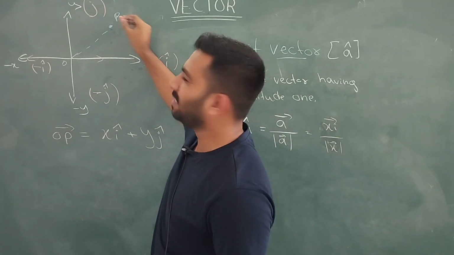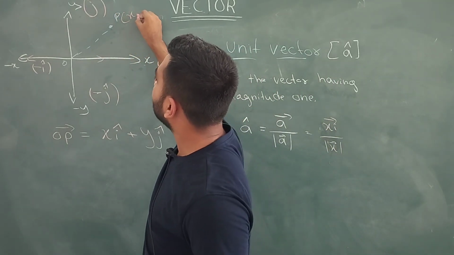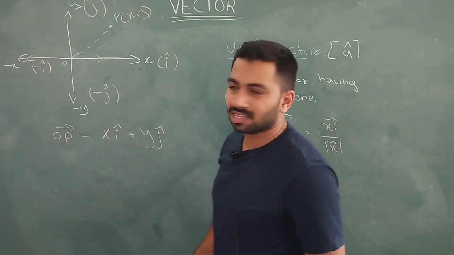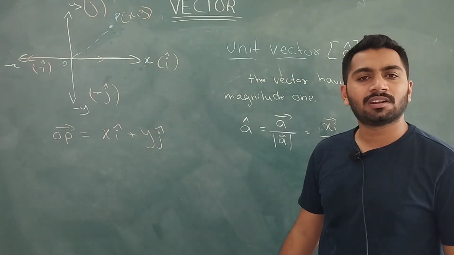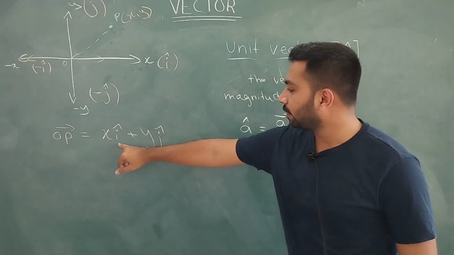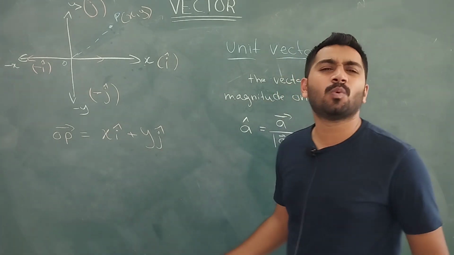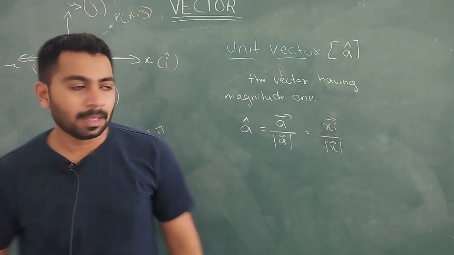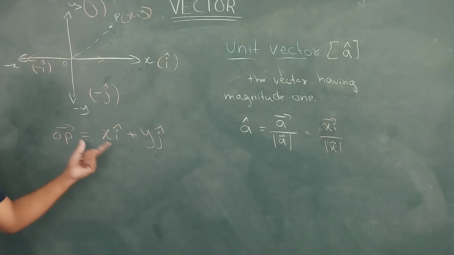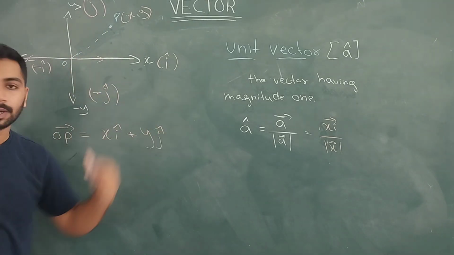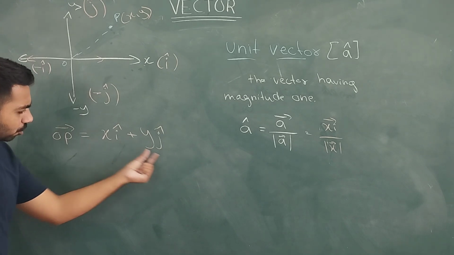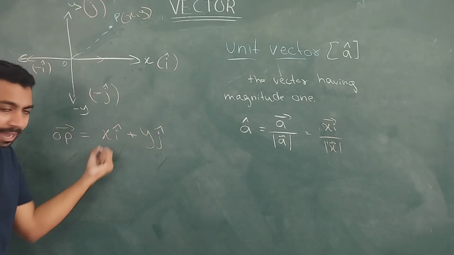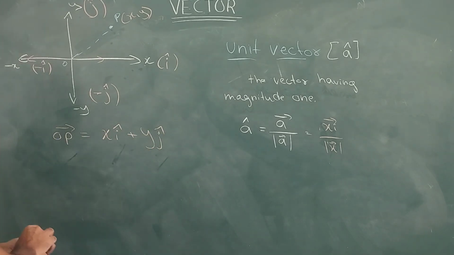So in maths, how can you write? You will write like this. Same that we substituted here: i, j unit vector, whatever the values, multiplied by one only. Now, if you want to write this full vector, combining the unit vector of x and y, very simple.